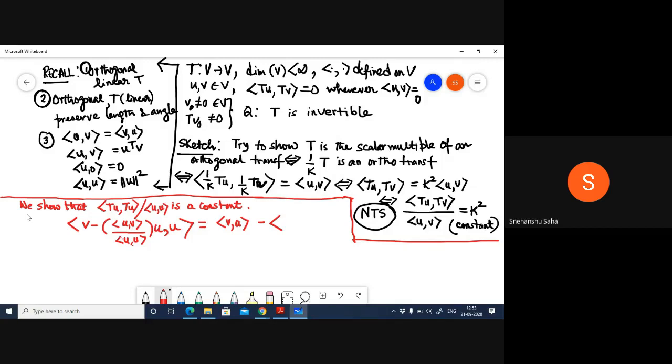This is nothing but the inner product of U and V over the inner product of U and U. Wrap it up and then save it.